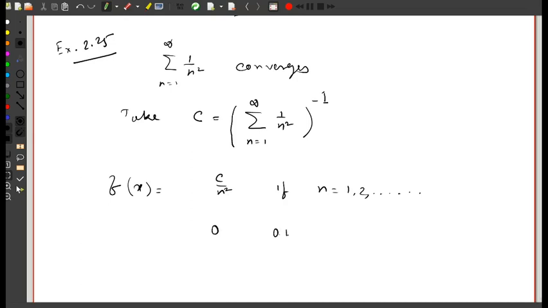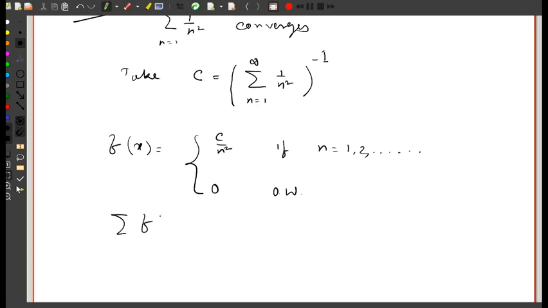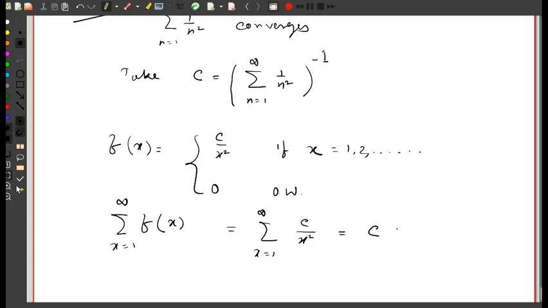So naturally, if I take the sum of the function over x equals 1 to infinity, this quantity is nothing but c by x square summed over x equals 1 to infinity, which is c times the summation of 1 by x square.